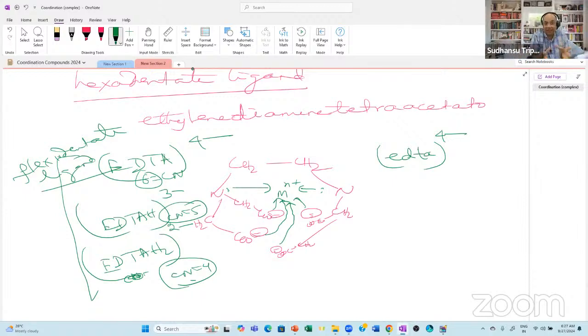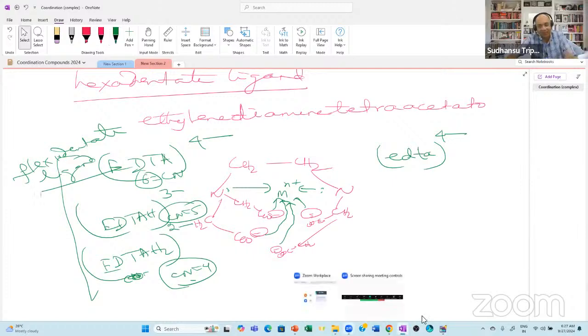But flexidentate ligands have multiple donors, and in some complexes they use all of them, in some less than that, in others still less. So different numbers of donor atoms are used in different complexes. In that case, they are called flexidentate. We'll talk about that later.